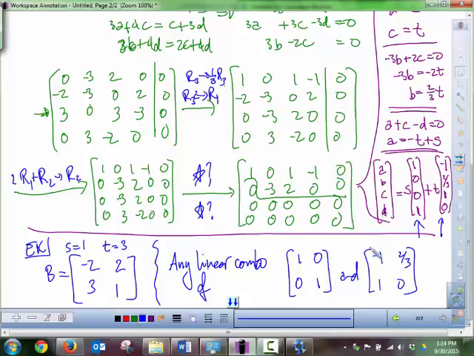Any linear combination of this, meaning if you scalar multiply this and add them together, would satisfy this commutative property for this particular matrix. Okay? So thanks for bringing up this linear combination idea, because it fits in this discussion.